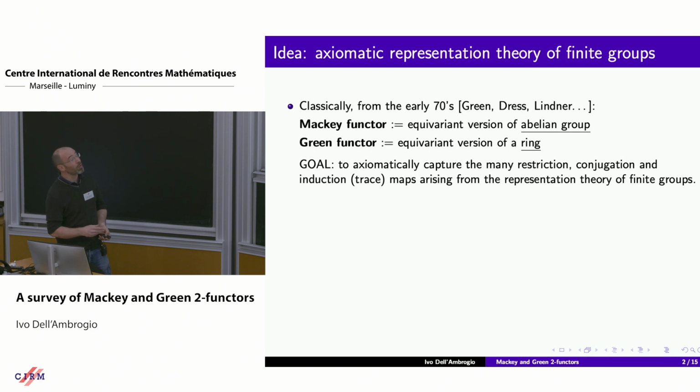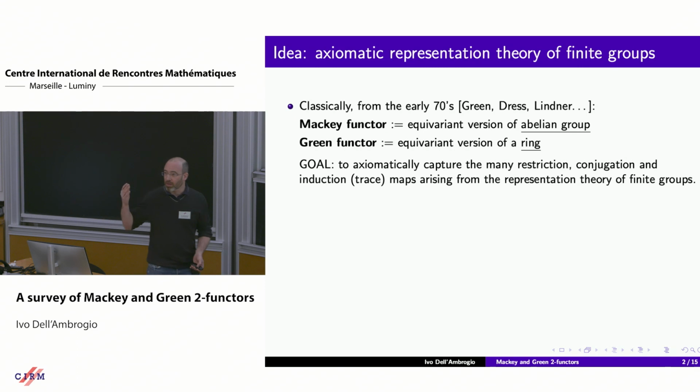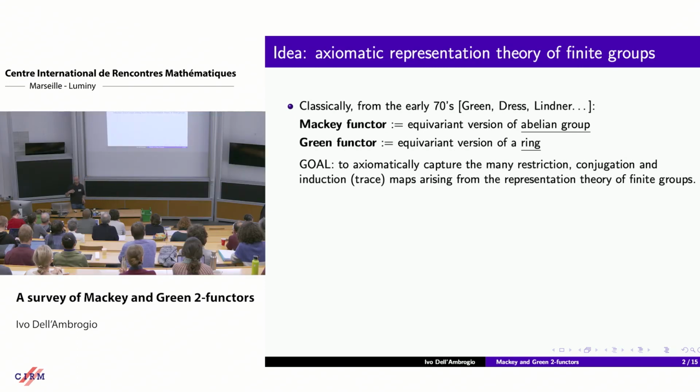Well, we want to axiomatically capture in these gadgets all the restriction, conjugation, and induction, or often called trace maps, which you find throughout equivariant mathematics, especially originally in the linear representation theory of finite groups. Think group cohomology, think character rings, algebraic K-theory, equivariant K-theory, okay? All sorts of stuff.